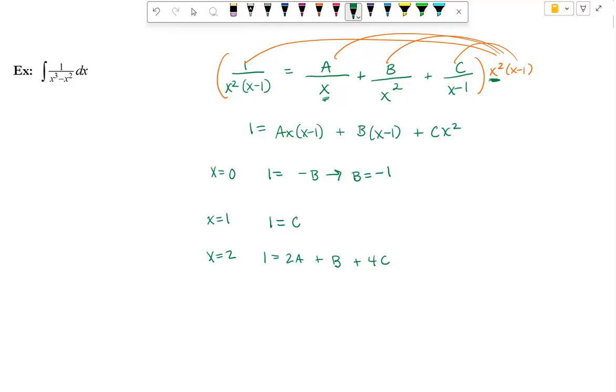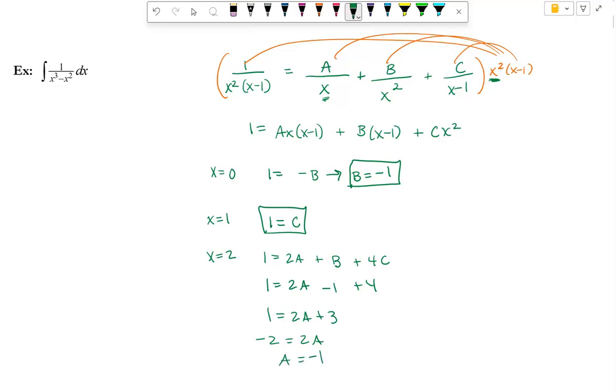All right, so when I go to clean that up, remember, I already know that b equals -1 and c equals 1. So I get 2a minus 1 plus 4, so a is also -1.